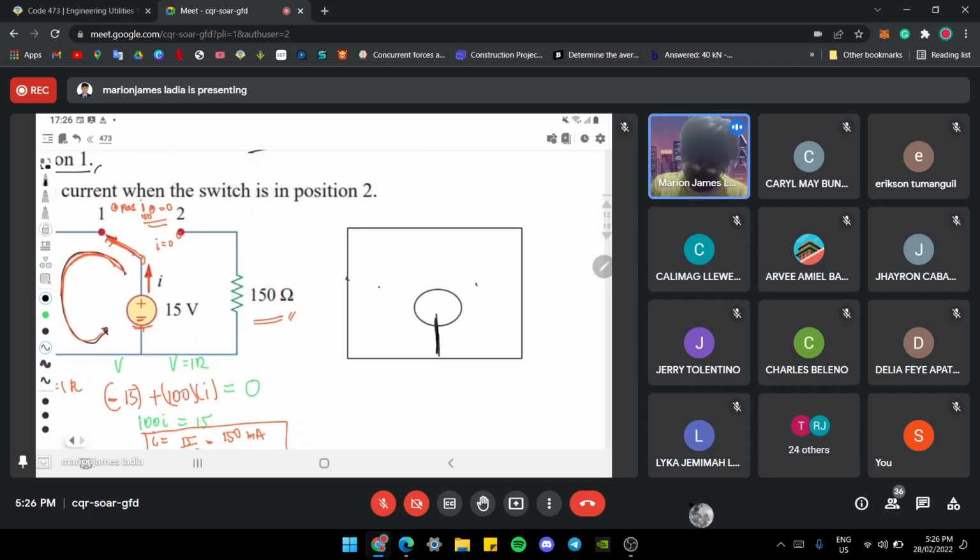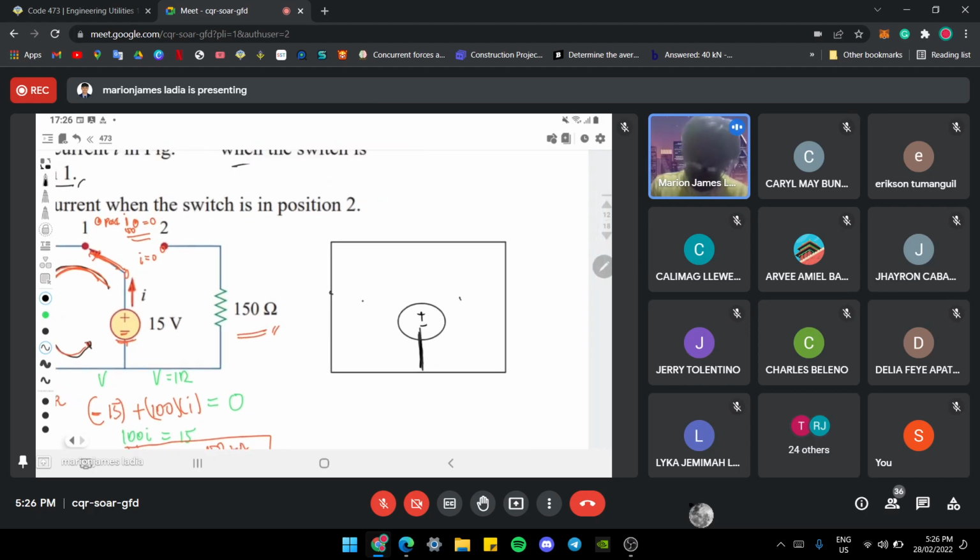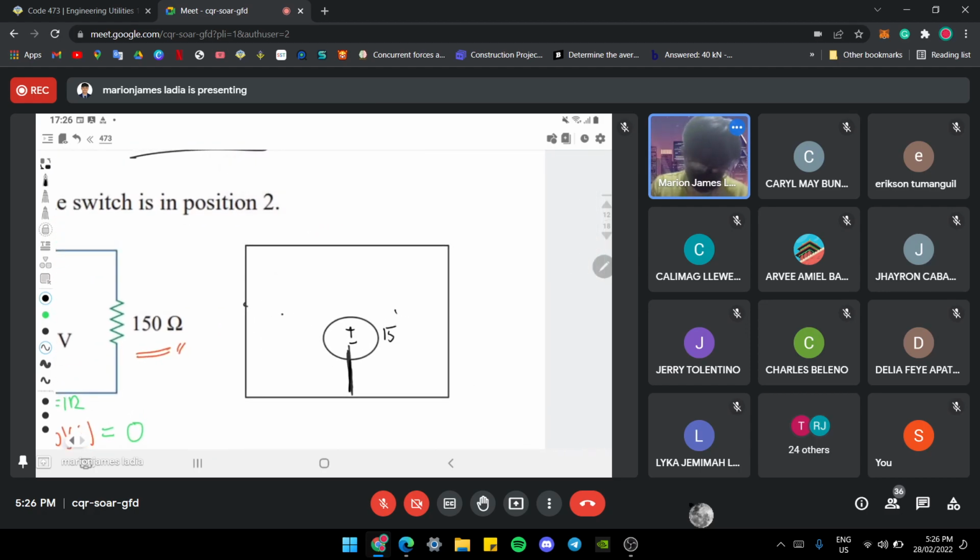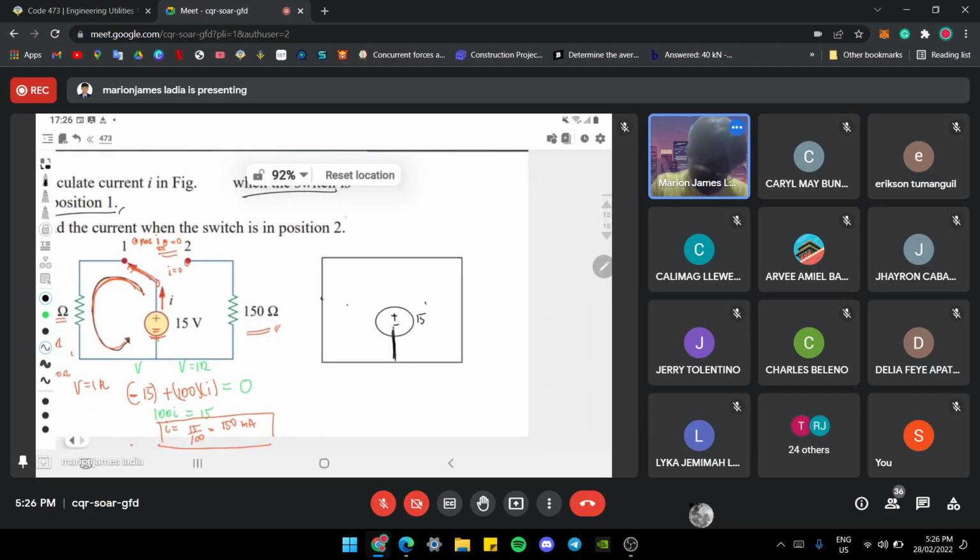So, positive, negative. We have our 15 volts.